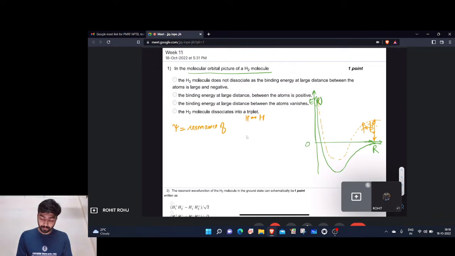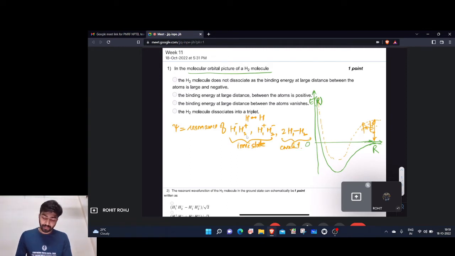Now if both electrons are shared by one hydrogen atom, that would become H minus and H plus. Another scenario is the reverse of the first one. Since the two electrons are similar, we can have H1 and H2 in the covalent arrangement. The first two possibilities are the ionic states, and where the two electrons are shared equally by the two atoms, it's the covalent configuration, or covalent state.